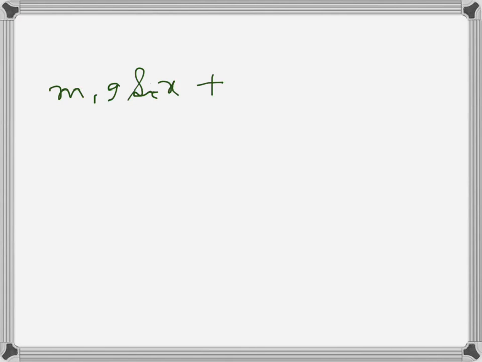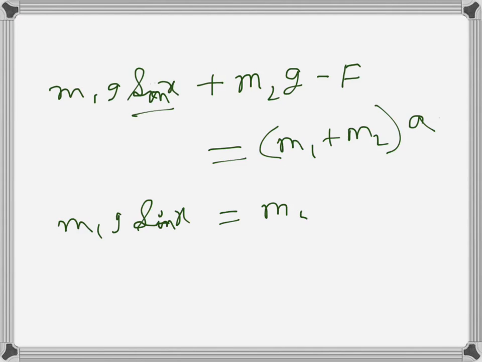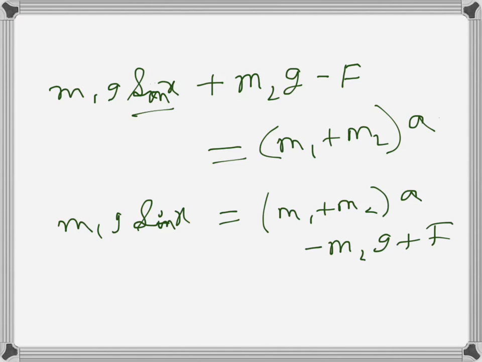Then we have plus M2G, then minus F, because that is upwards, and as a result we have a downward acceleration of both M1 and M2, M1 plus M2 times A. So from there we can write M1G sine x is equal to M1 plus M2 times A, minus M2G plus F, if I take the F on the other side.